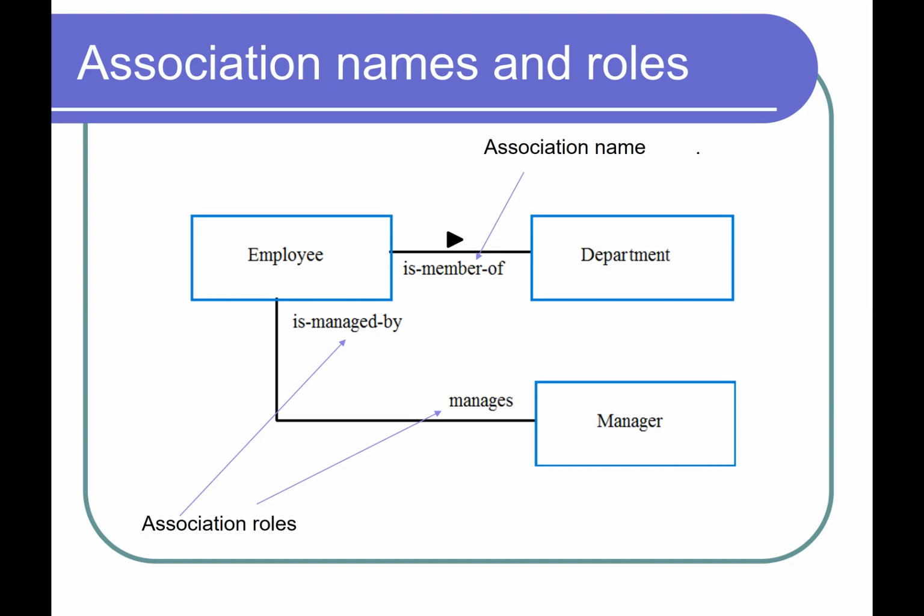So the way I read it is that in the association between employee and manager, the manager is managing, okay? So manager manages, whereas the employee is managed by, all right?